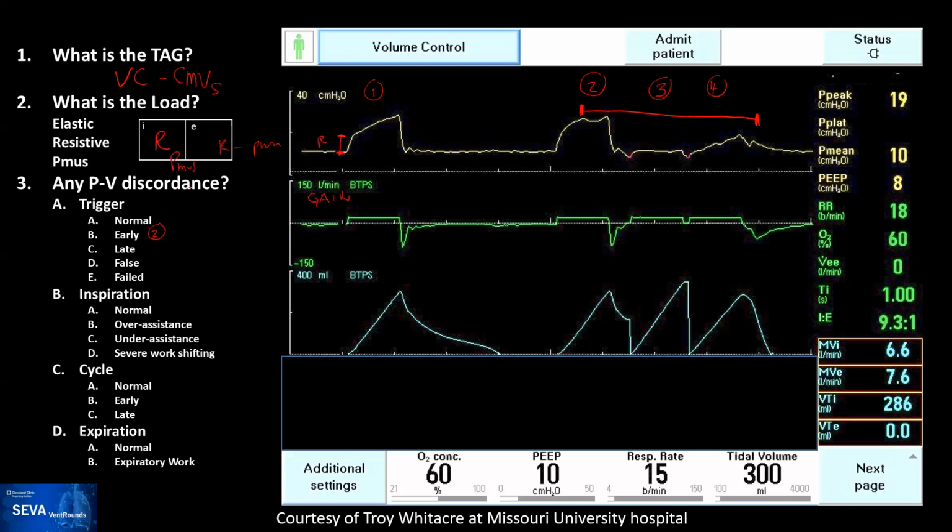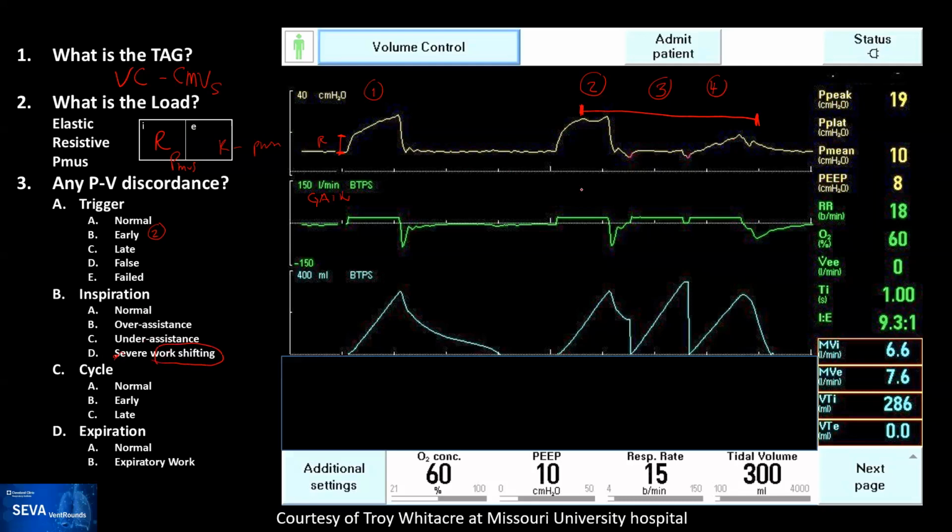So the main discordance that you would say on this breath that you have here would be that there is an early trigger that started here and triggered all the rest of the breaths throughout. And so with that, the inspiration, you will see there is evidence of work shifting on this. I have to change this.